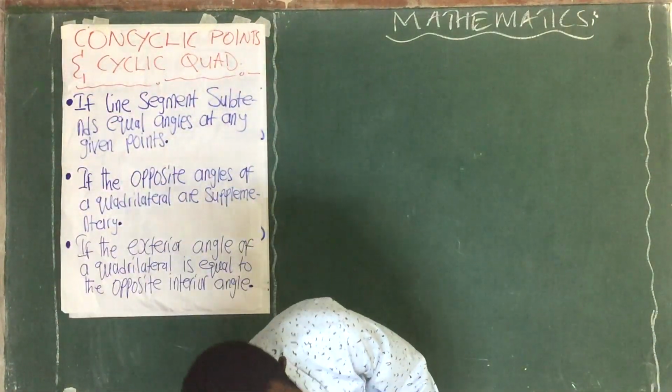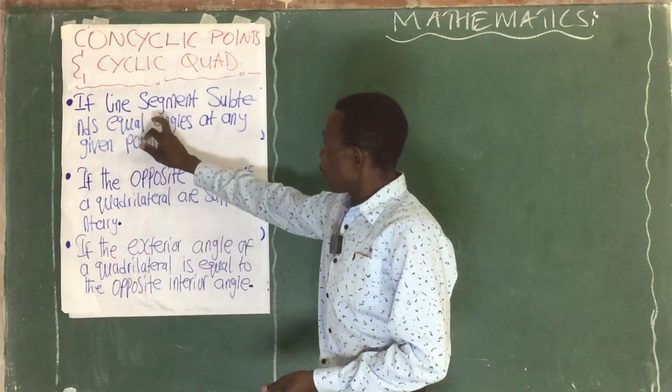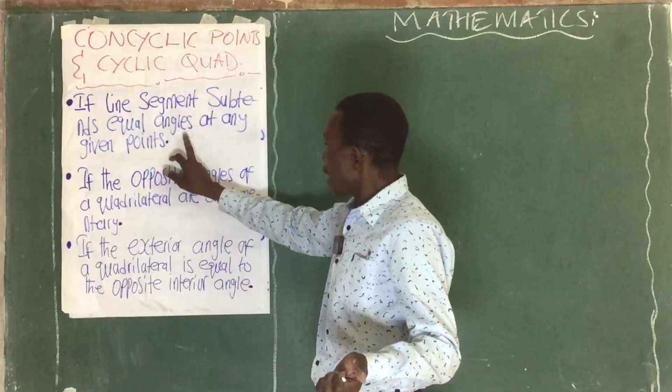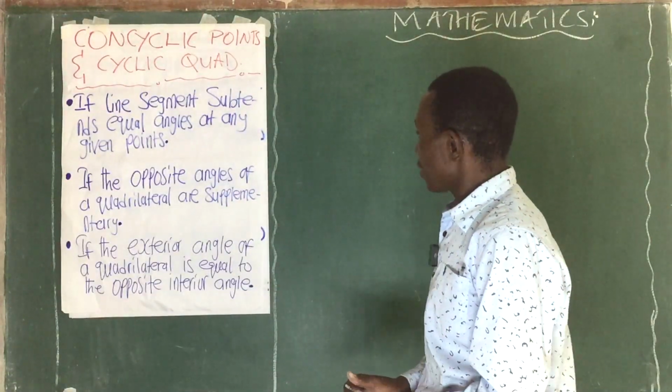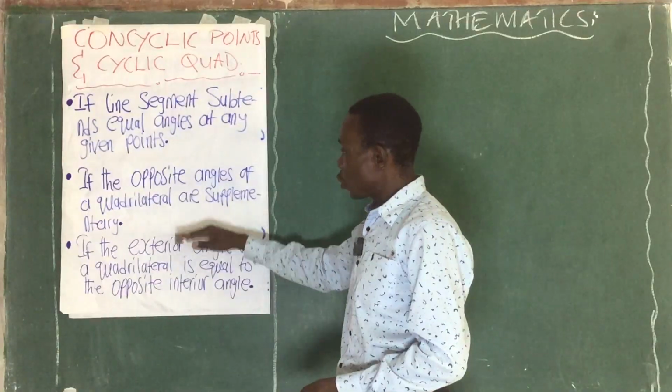The first one, we even had an example of it. If a line segment subtends equal angles at any given point. That one was done, and examples were also highlighted, but today we're going to focus on the remaining two.